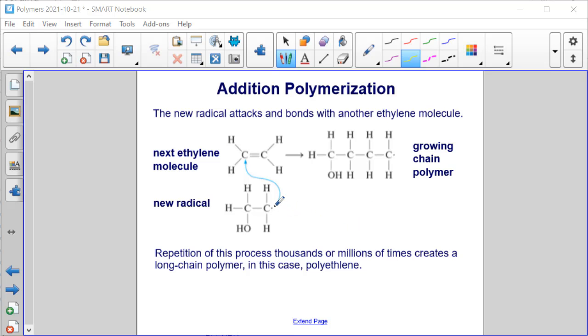So what happens is this unpaired electron comes here to break this double bond again, and then we get another unpaired electron here, okay? So we just get this growing chain polymer. Repetition of this process thousands or millions of times creates a long chain polymer. In this case, it's polyethylene.